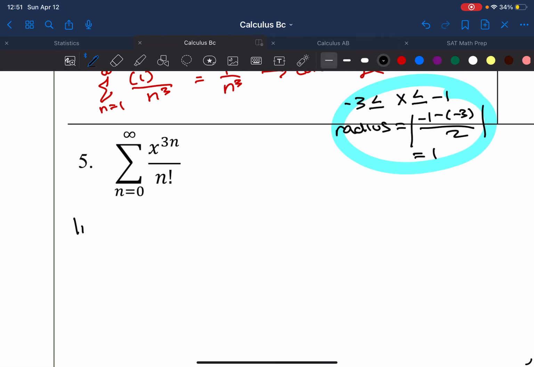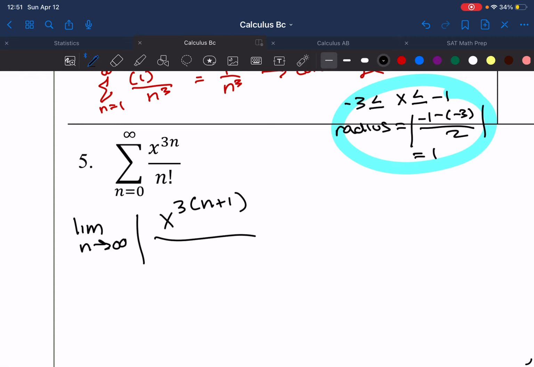So we have the limit as n approaches infinity of the absolute value of x to the power of 3 times (n plus 1) over (n plus 1) factorial times n factorial over x to the power of 3n.